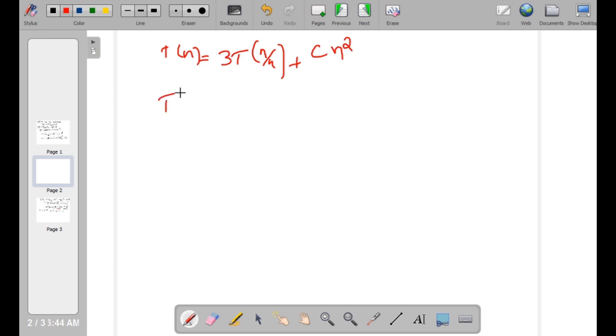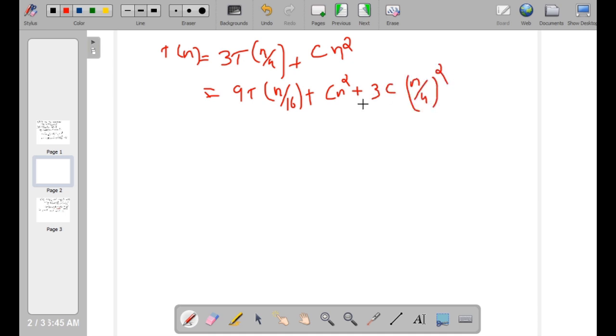The second equation is 9T(n/16) plus cn² plus 3c(n/4) whole square.